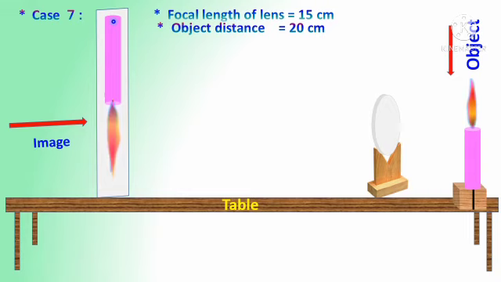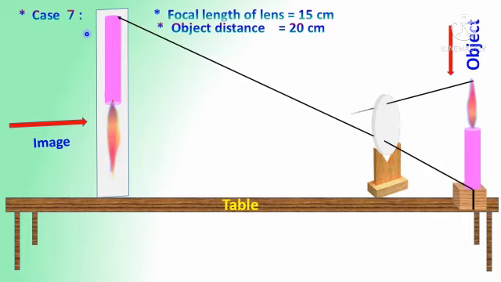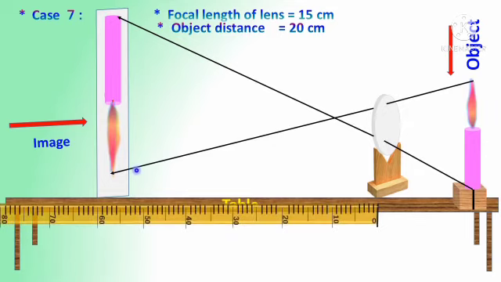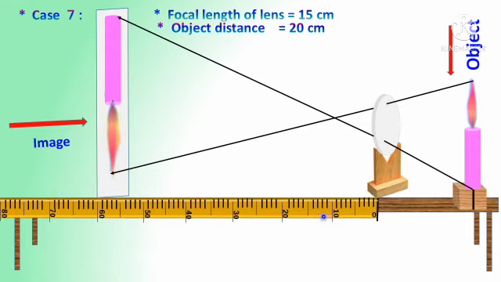Then now measure the image distance. The lens to image distance we measure may be 60 or 70 centimeters. Now look at the picture here. 0 to 60.